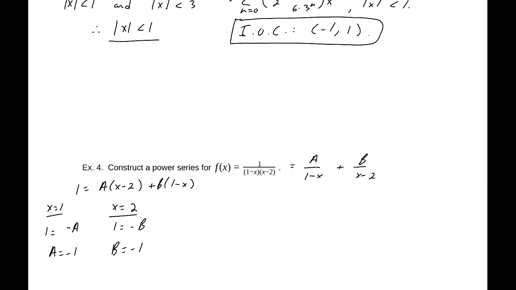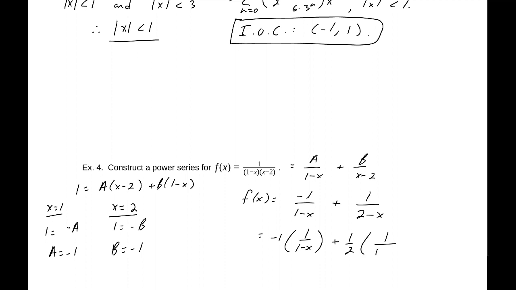Now I am going to go ahead and flip this, so I'm going to write f of x equals negative 1 over 1 minus x plus 1 over 2 minus x. Let's factor some things. That is negative 1 times 1 over 1 minus x plus 1/2 times 1 over 1 minus x over 2.